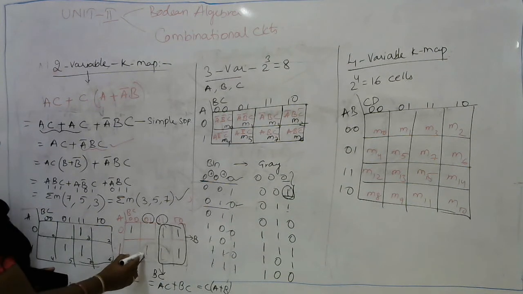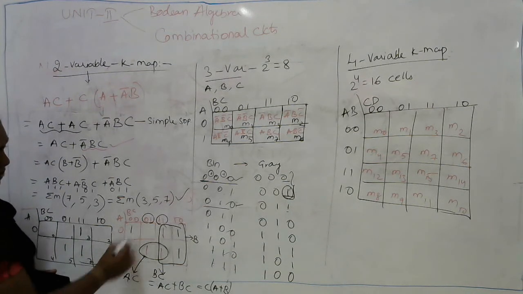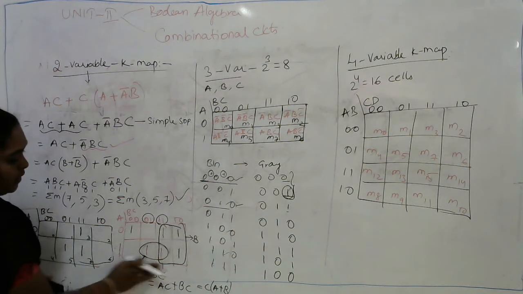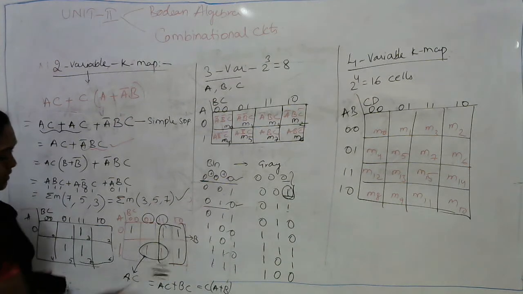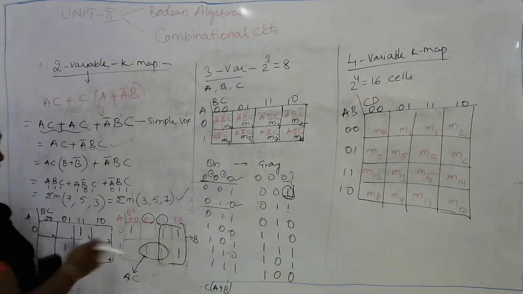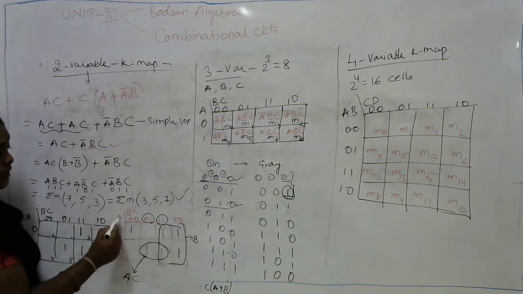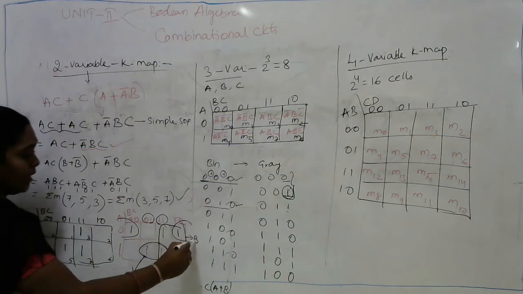As 1 is present over here, we can make these two an adjacency. So the result is row is A, columns are C. So the term is AC. Similarly, we are left over with this one. If you are folding this K-map to this side, this one will be overlapped on this one.